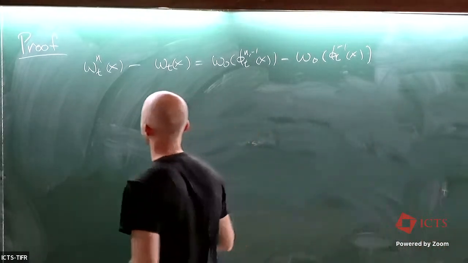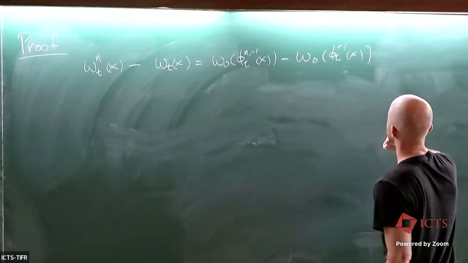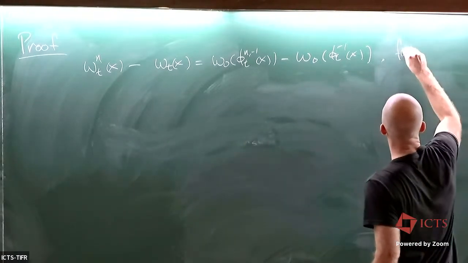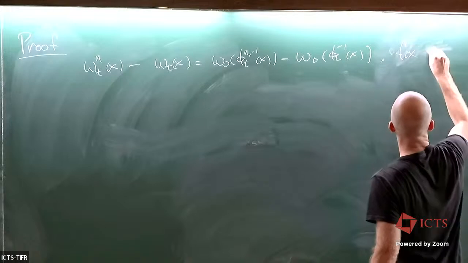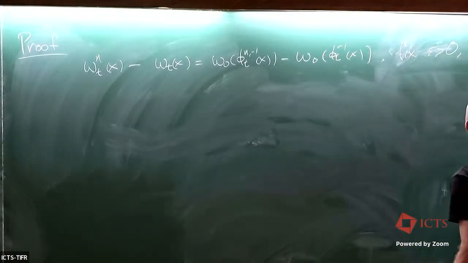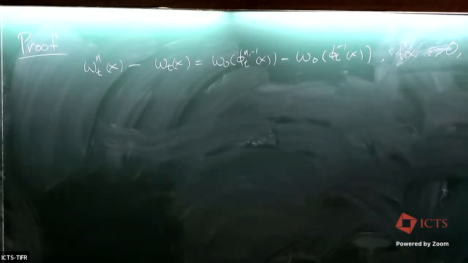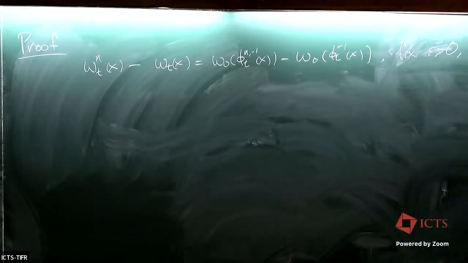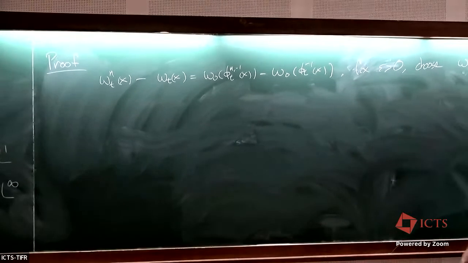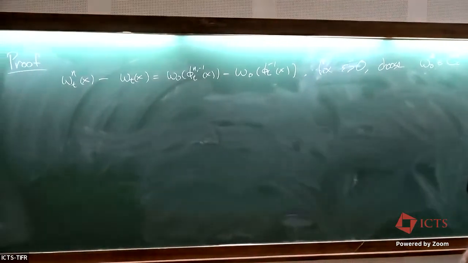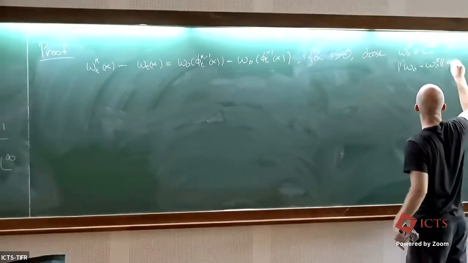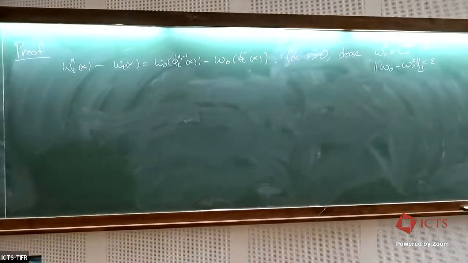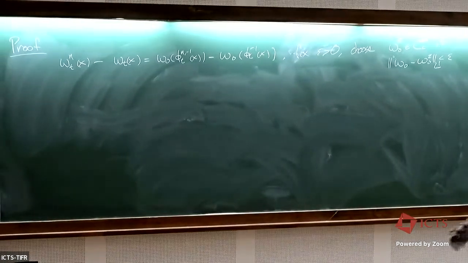However, fix epsilon, and then we can choose some omega epsilon naught, which is smooth, and such that it's close in the L1 norm to the initial value. Right. Okay, we can always do this.